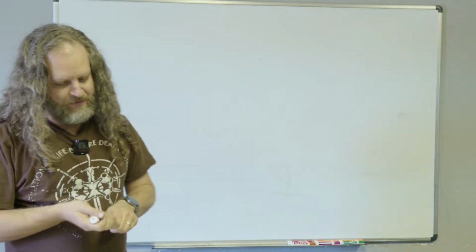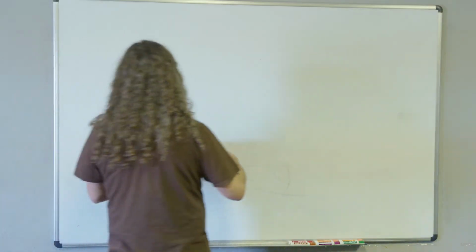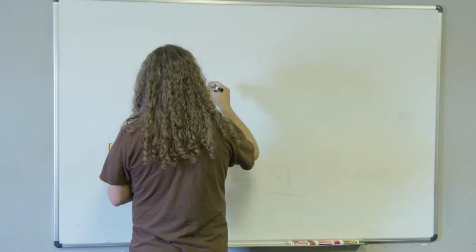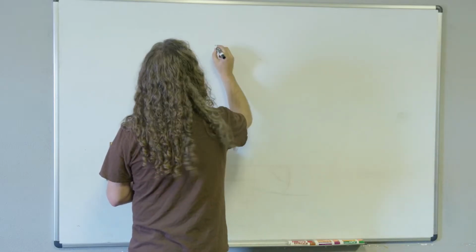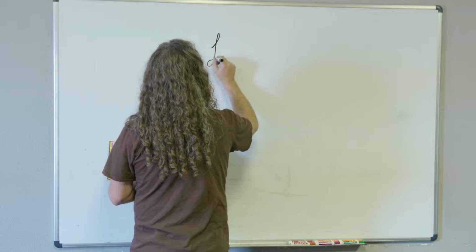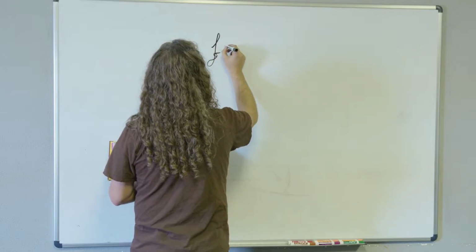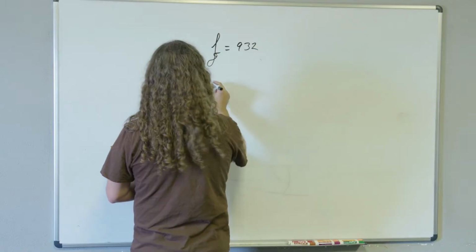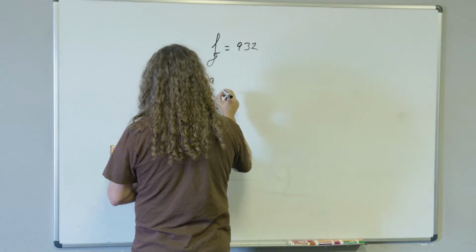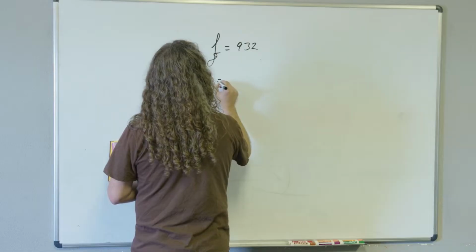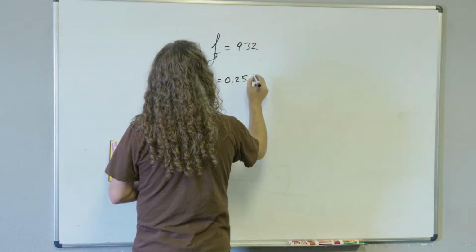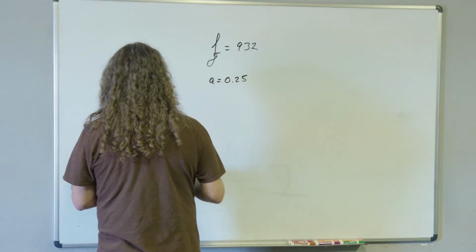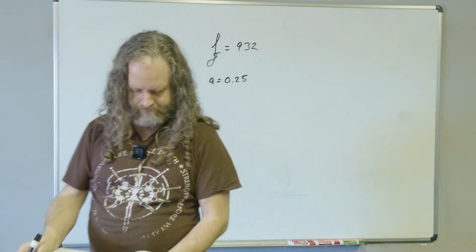So you are given a frequency of 932 and an amplitude of 0.25.